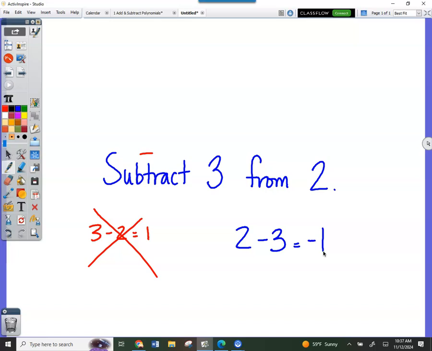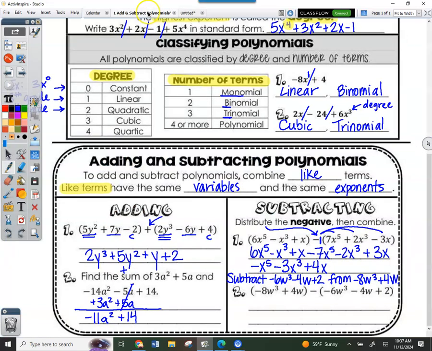It's a reversal, okay? Which means, coming back over here, now this one's already set up for you. You can see how I did it. Subtract this from that. And notice you have to put this minus sign, you have to put these in parentheses because you're going to distribute that negative.